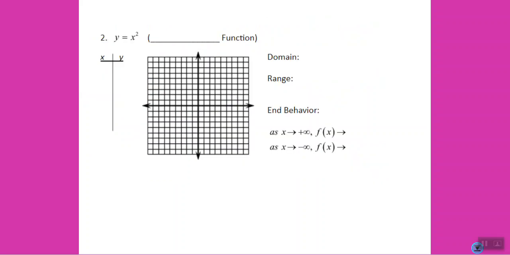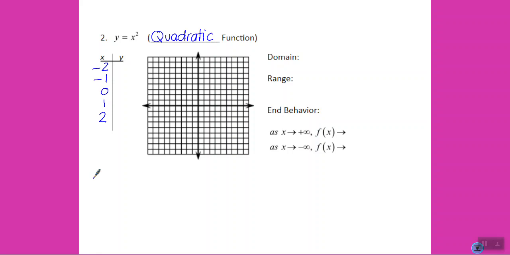Our next function has the little squared, which means it's the quadratic function. Again, we can square any number, so we're going to use -2, -1, 0, 1, and 2 as our x values. I'm just choosing these numbers because they're easy to work with.